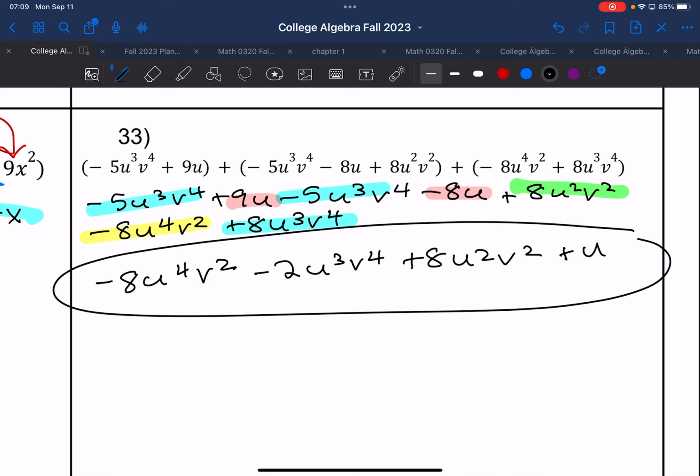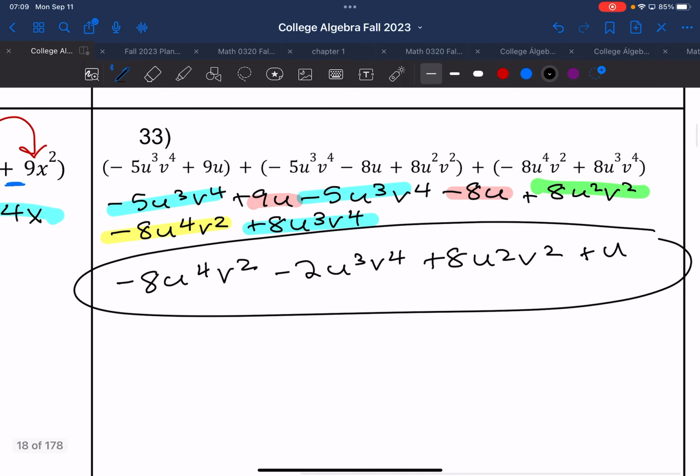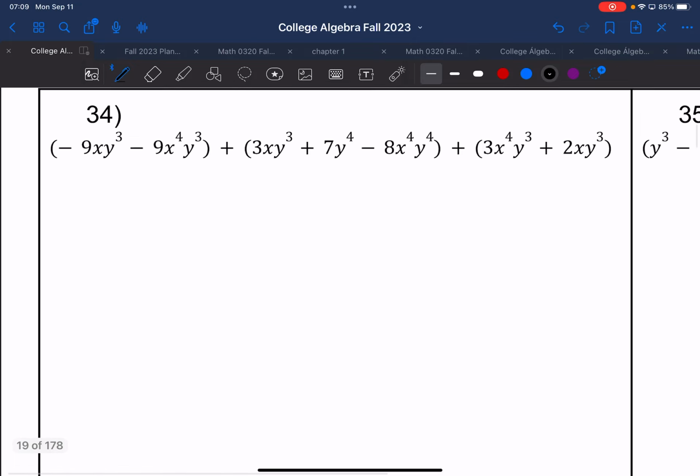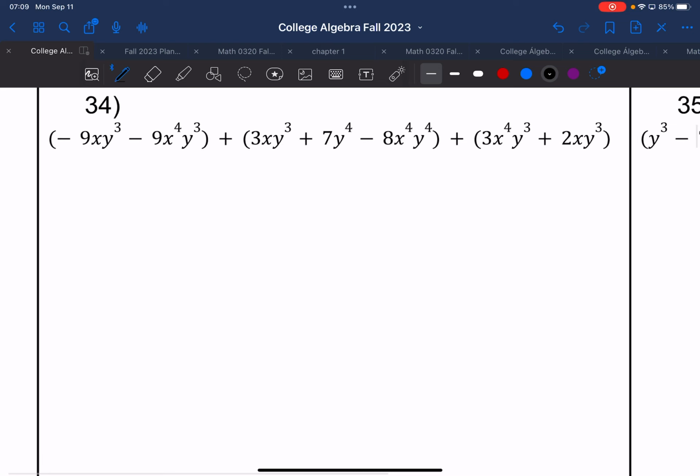Yes, so that's 10u. But that's great to acknowledge. Yes, we could take out a GCF from this problem. And remember, this is all being recorded, so you can always go back and look at it.